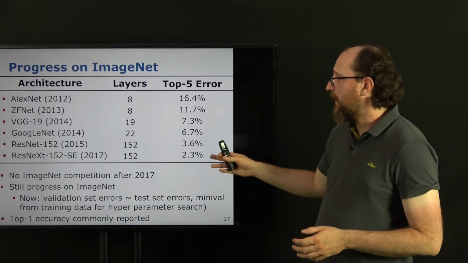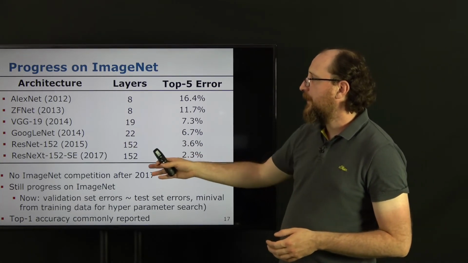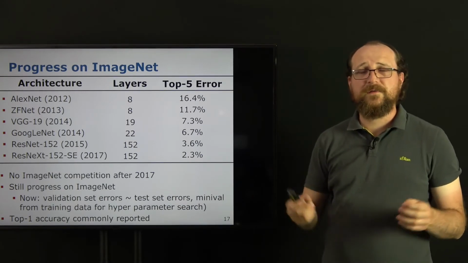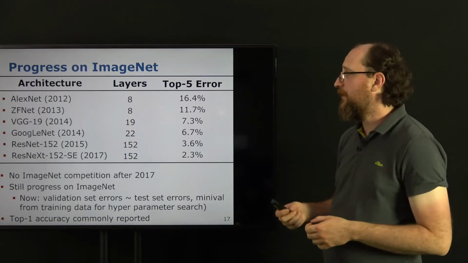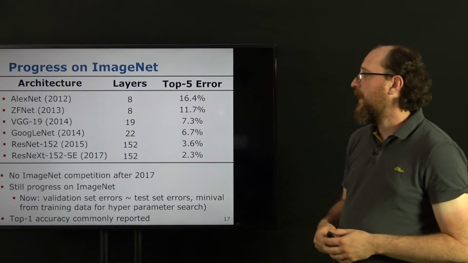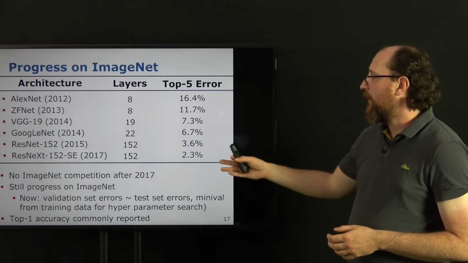But from an architectural side, there was the improvement with the ResNeXt, which used the idea of GoogLeNet, that you have the different pathways of convolutions in between, and the squeeze and excitation pathway to further reduce the error rate in the end.